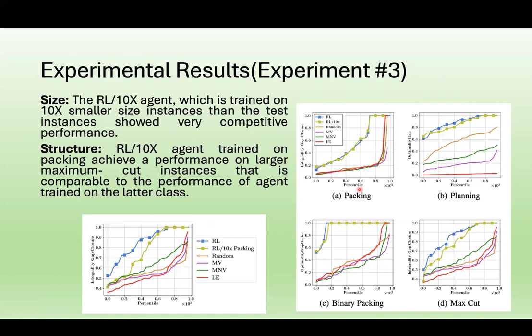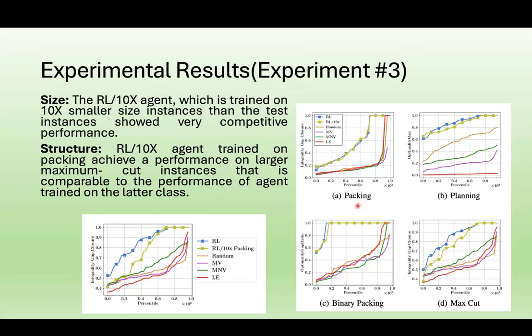And the curve shown by blue is the RL agent which was trained on IP instances of size X. Although the RL by 10X agent was trained on 10 times smaller IP instances, we can see its performance in terms of the integrality gap closure was very competitive to the RL agent which was trained on 10 times larger IP instances.